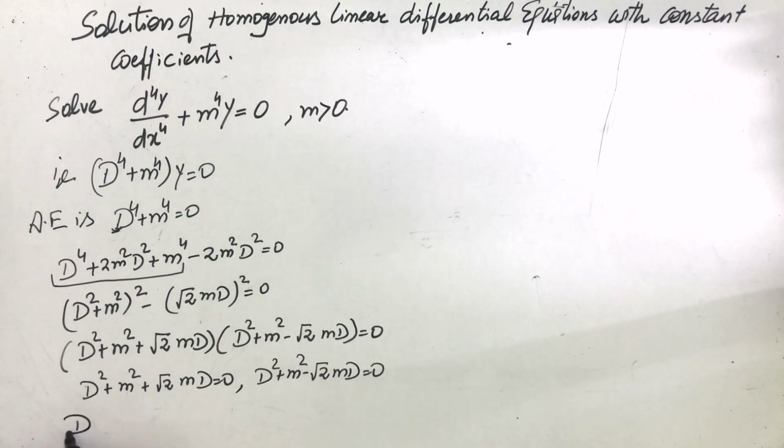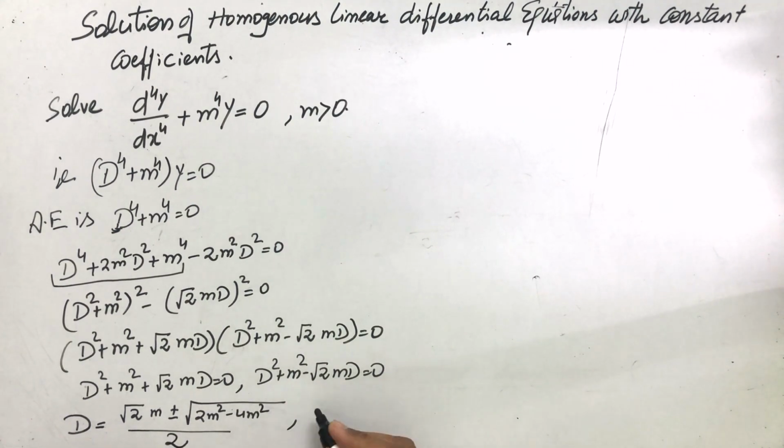Then how much is capital D here? It will be minus root 2m plus minus under the root 2m square minus 4m square upon 2.